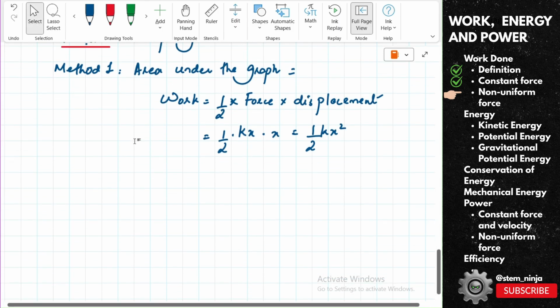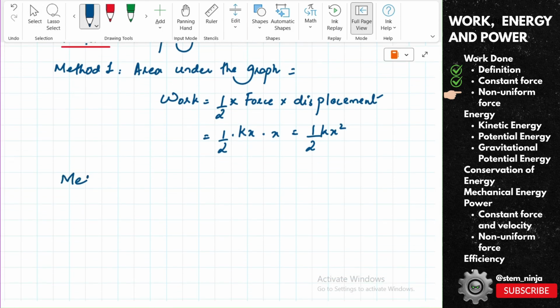The other method relies on calculus a little bit. Method 2 relies on the same area under the graph but using integration, so using definite integration for area under the curve.